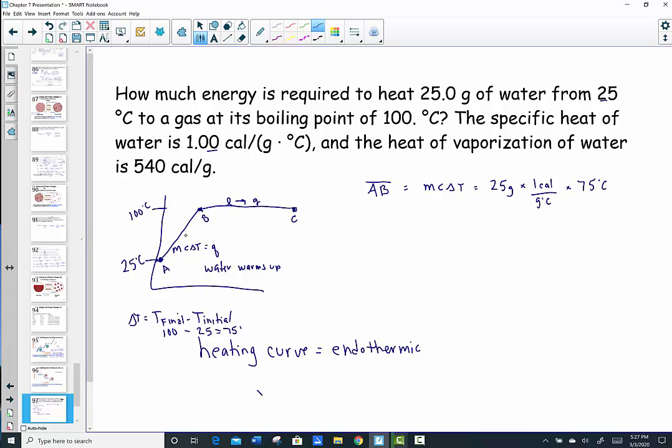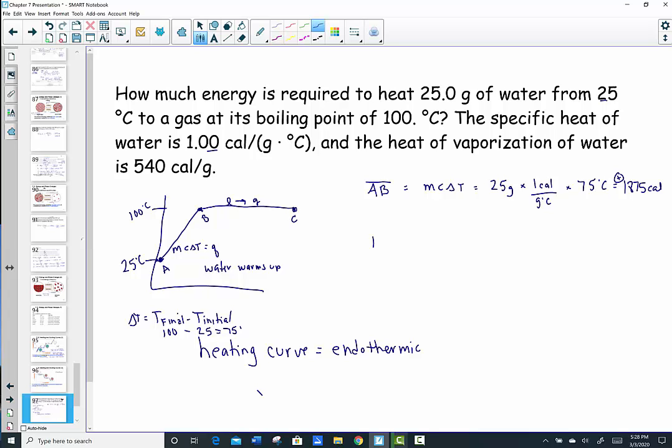To climb up from point A to B, we climbed 75 units on the number line. So let's solve for MC delta T, line segment AB. 25 grams times our specific heat of 1 times 75. That's 1875 calories of energy absorbed. Positive to let us know it's absorbing heat.